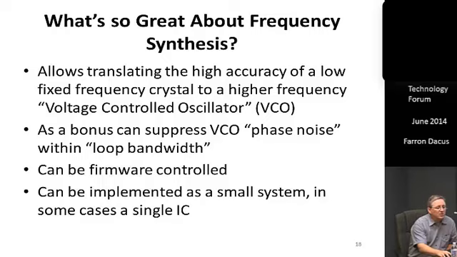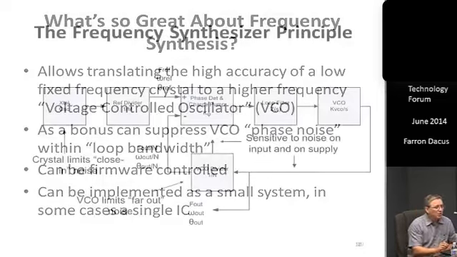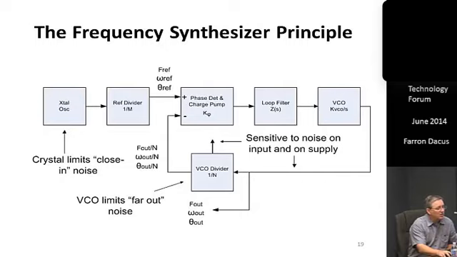And these days you can get them in a single chip. It may be a noisy VCO, but that suppression inside the noise bandwidth allows it to work. So here's a block diagram of a frequency synthesizer.